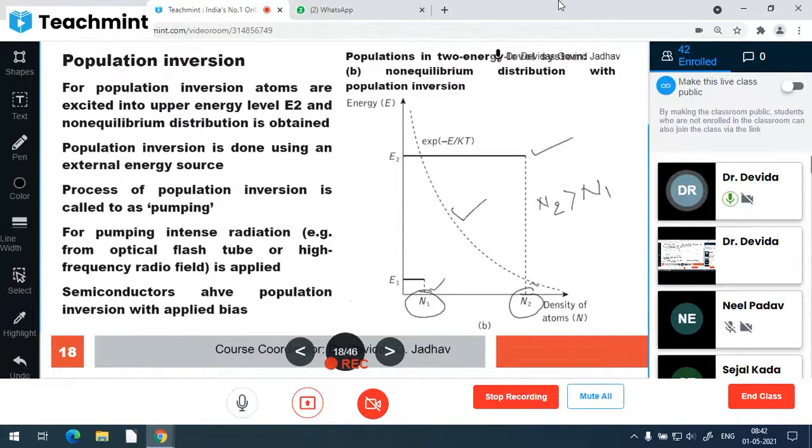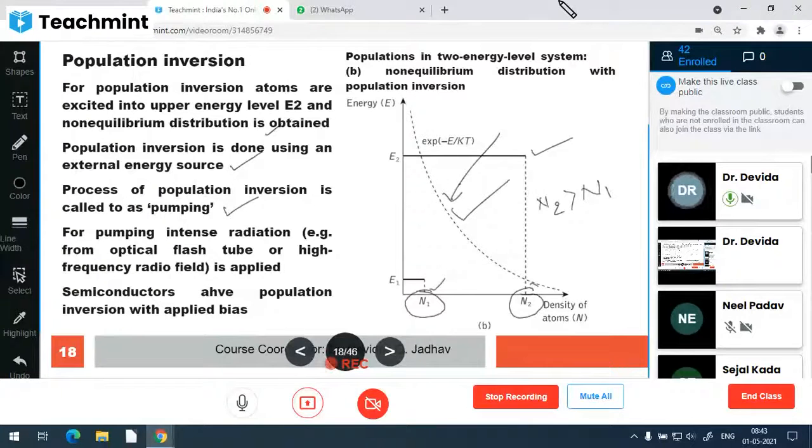So this is called population inversion, again described by the Boltzmann distribution term. In this inverted case, a non-equilibrium distribution is obtained in the upper energy state E2, where population inversion is done using an external source. The process of population inversion is called pumping.